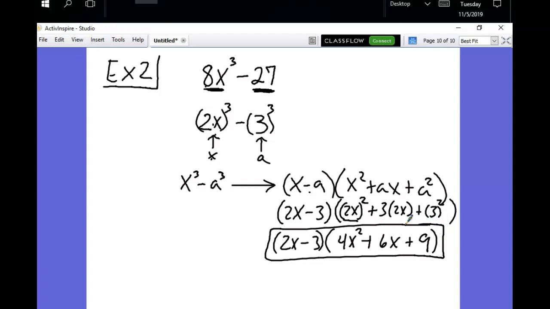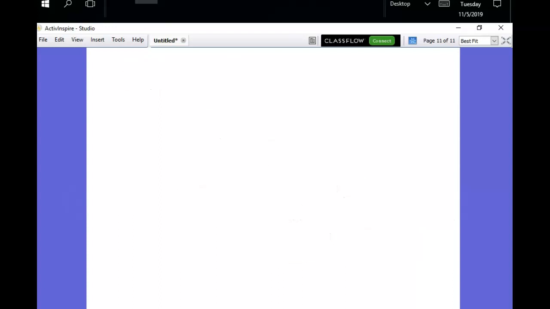So I'm going to throw a couple of practice problems at you. I don't like teaching these in class because honestly, you very rarely use this, but it does pop up here and there in future classes, so it's worth mentioning. Here we go. Number 1, x cubed minus 1.